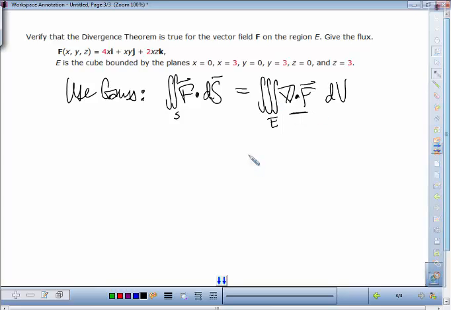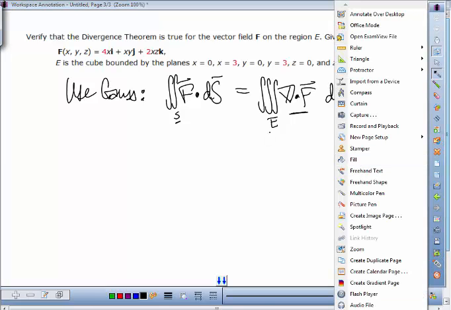The other is that this surface we started with was 6 sides of a surface, and if we look at that as the boundary of a solid, then we have a solid to integrate over. That seems a lot easier, I think.